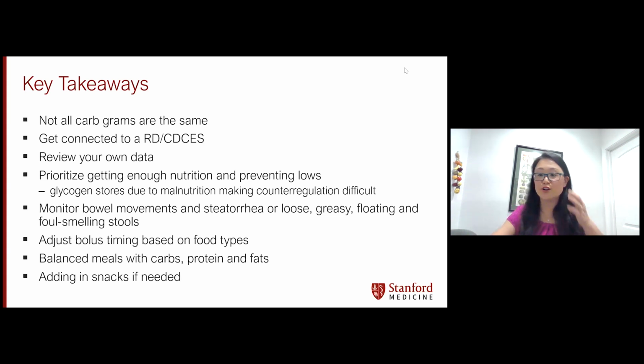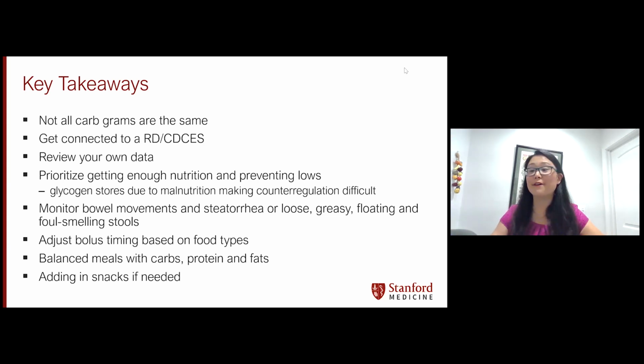So definitely very customized. Thinking about preventing lows, especially lows at night. So when I'm thinking about counseling somebody who has a continuous glucose monitor or is checking blood sugars, I'm thinking about how do we really make sure that they're not getting lows at night, and what types of foods are they eating before bedtime? Can they have a bedtime snack that can help sustain them over the night? Things like that.